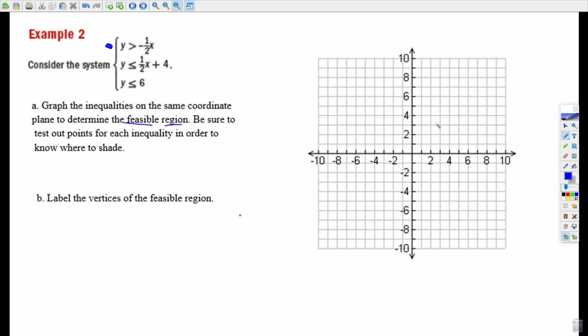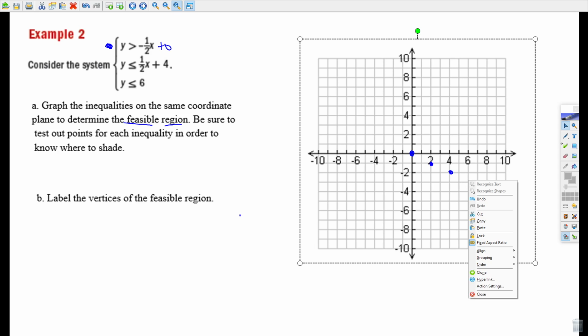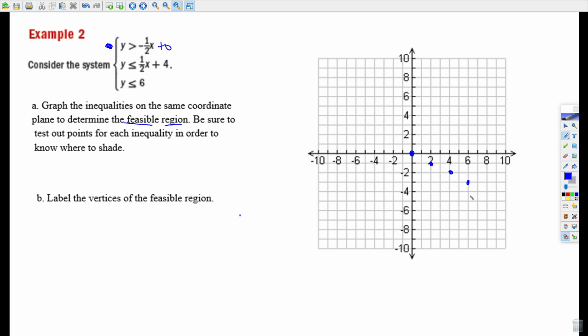y is greater than -1/2 x, so there's no y-intercept here. It'd be plus 0. So I'm going to start at 0, and we're going to go down 1 over 2, down 1 over 2, down 1 over 2, and up 1 over 2. Again, we have to be very specific because I don't really know where they're going to intersect.